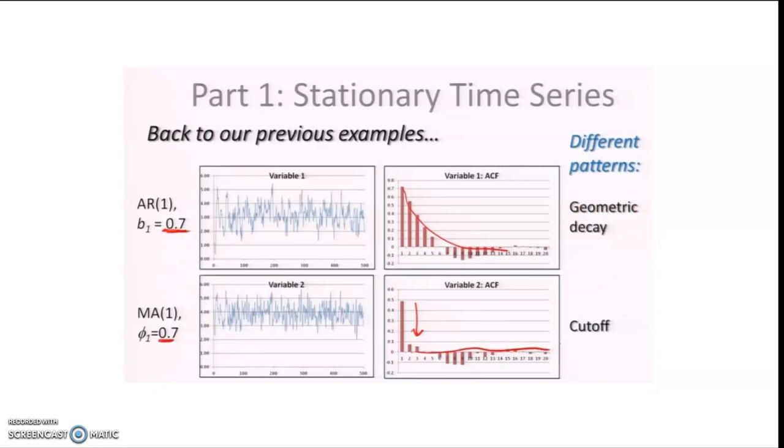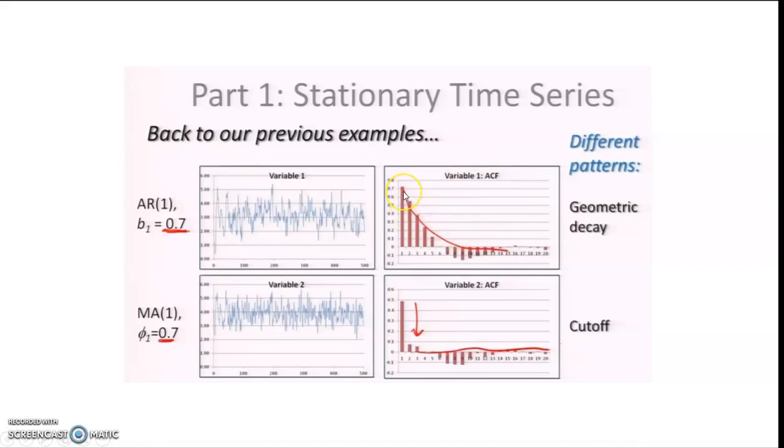Let us examine our previous example of the variables, variable 1 and variable 2. The variable 1 is AR1 with the coefficient of autoregression at lag 1 equal to 0.7. So if that coefficient is 0.7, then the autocorrelation function is like this, and there is a geometric decay.